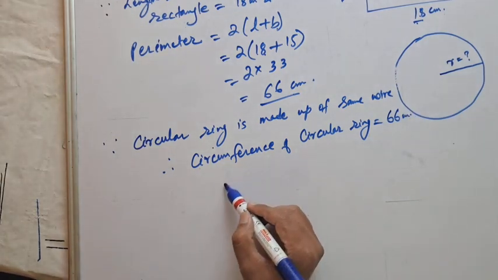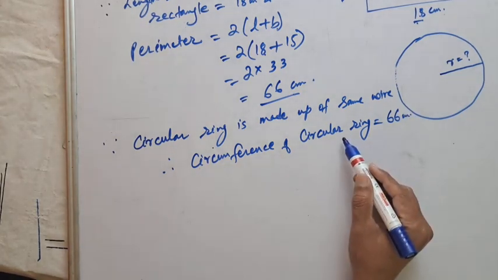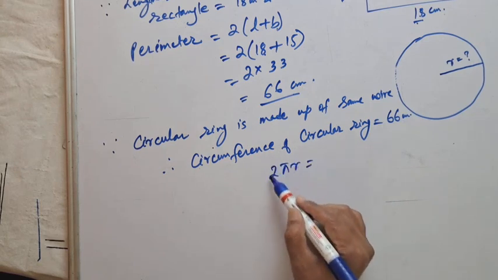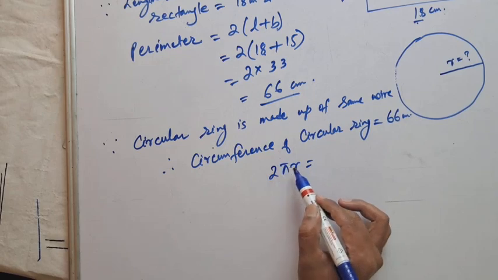The formula for the circumference of a circle is 2 pi r, isn't it? So 2 pi r will give us the circumference of the circle.